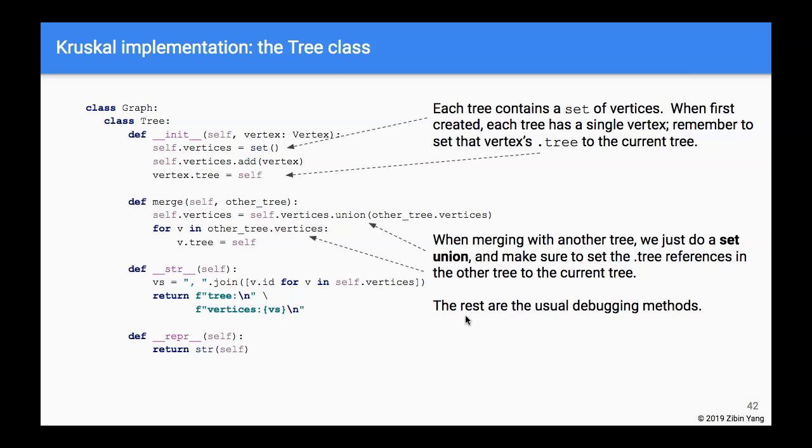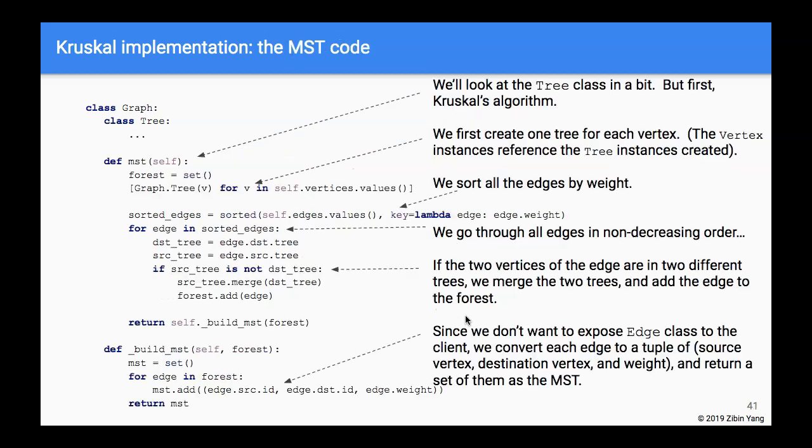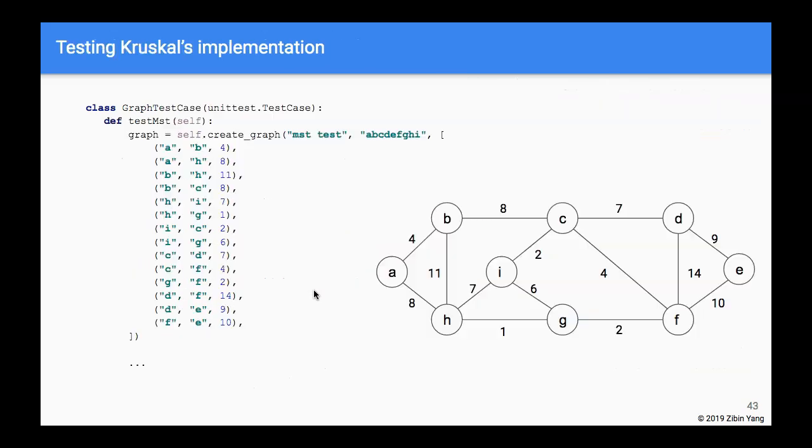And as I promised, it's not a whole lot of code, and it's very, very close to the pseudocode. So now that we have an implementation, as usual, we should do the testing. The one test I wrote is the example that I demonstrated earlier, and that is this graph. You can see I just spell out the name of the graph, all the vertices, and then all the edges.